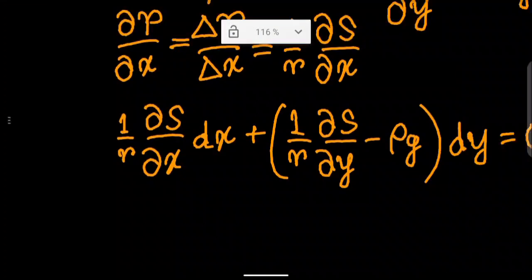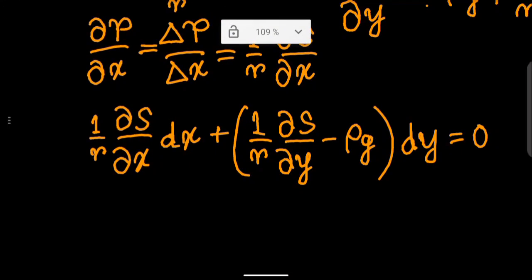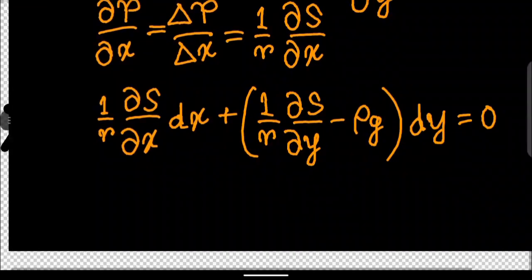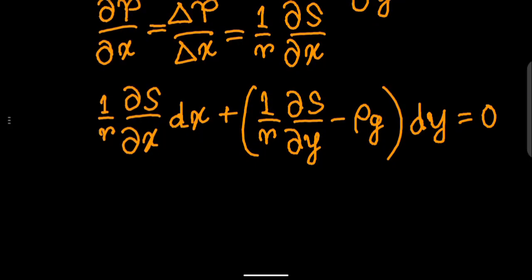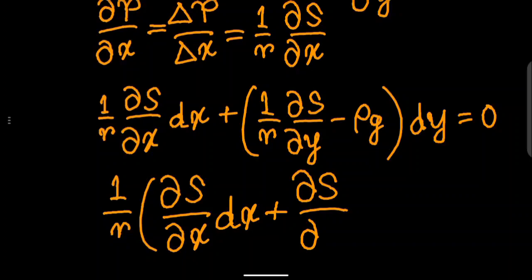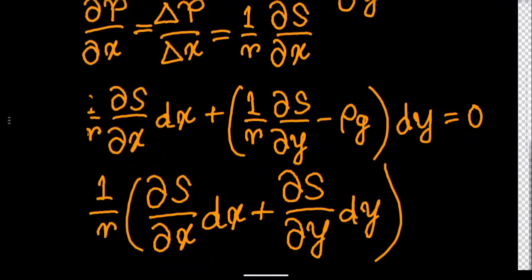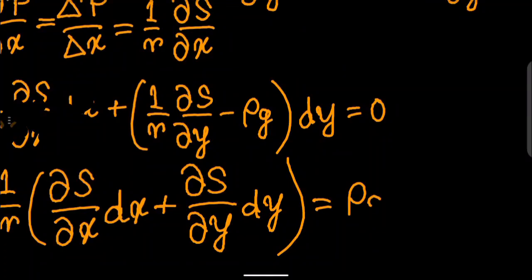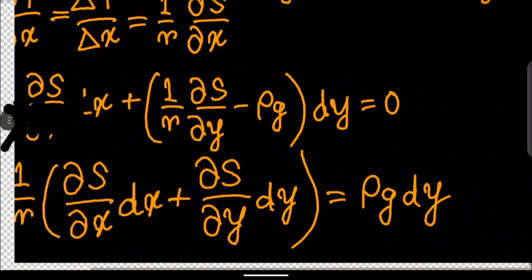Okay. So yeah, so this is 0, and we will just go on, and you will eventually end up with 1 by R, del S del X times dx plus del S del Y dy. This will be equal to nothing but rho g dy.